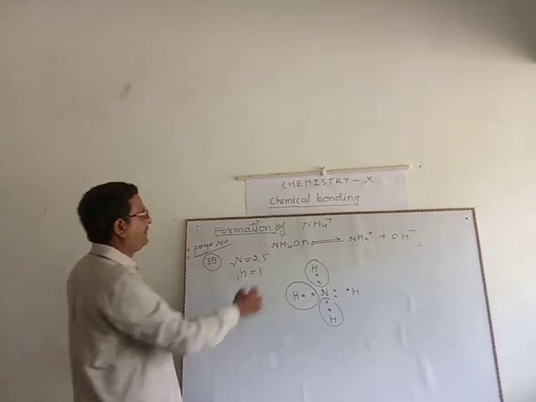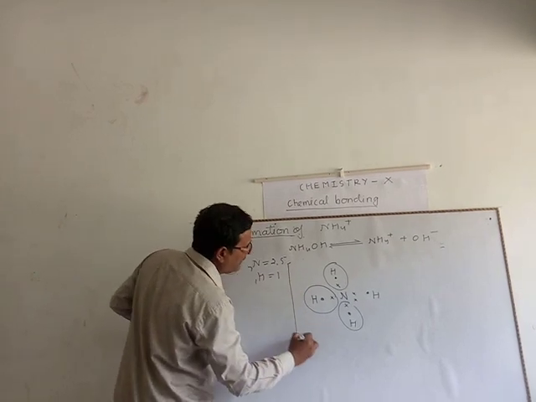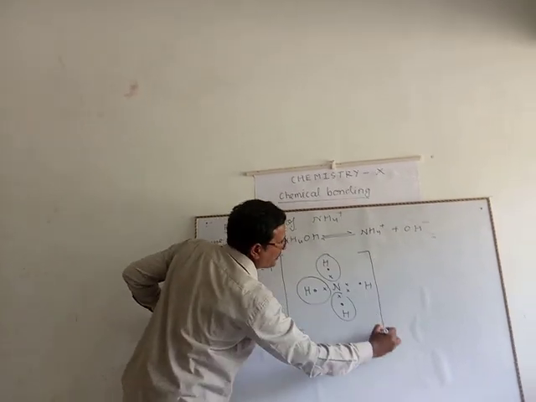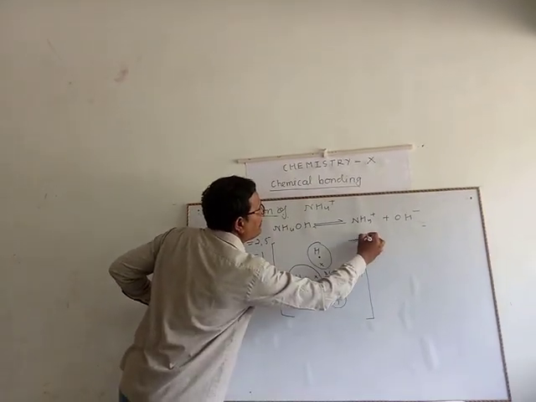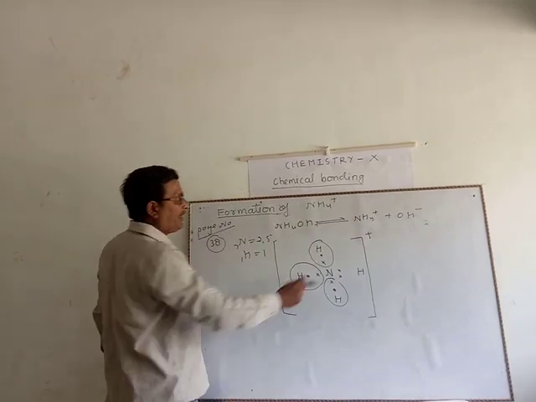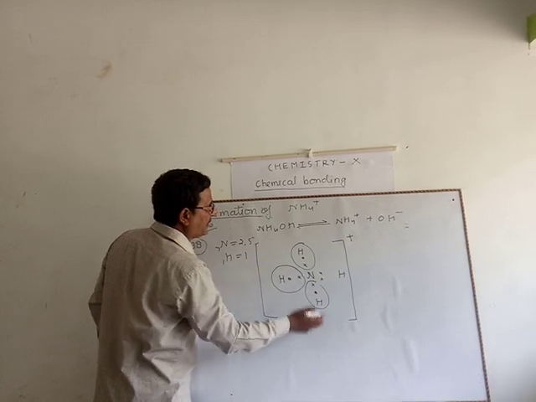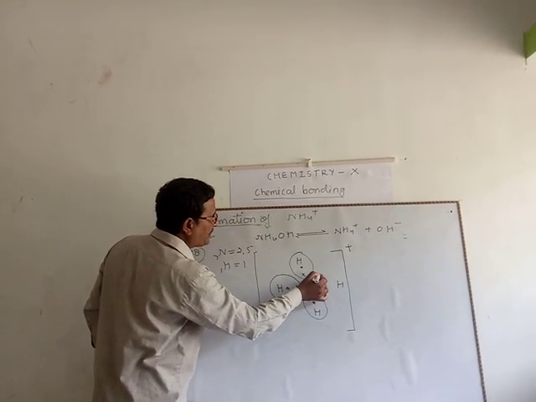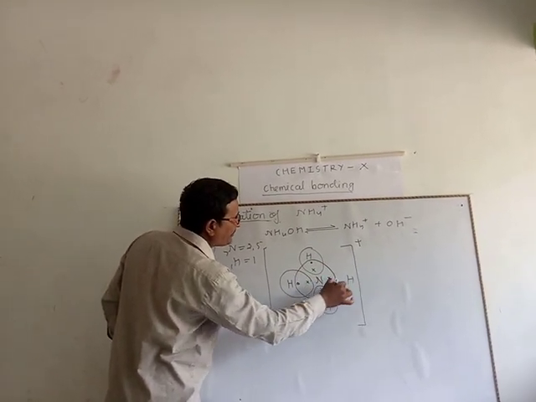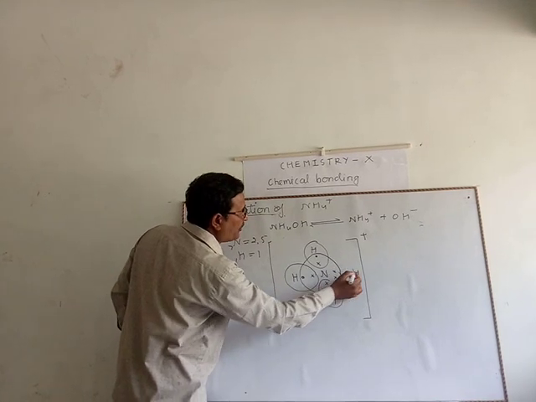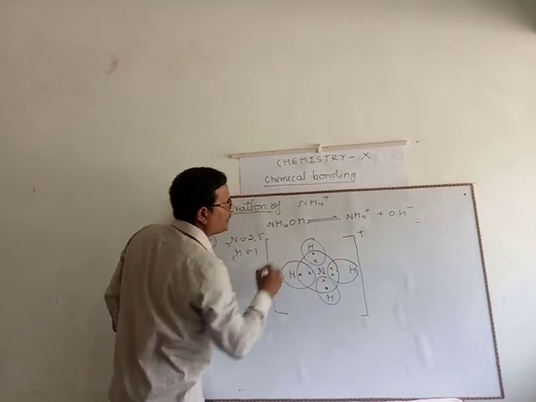What will happen when this atom loses 1 electron? It forms the ammonium ion. Now see, nitrogen easily gives 1 lone pair to this hydrogen. The octet of nitrogen is already completed here, and nitrogen gives this lone pair to this hydrogen.